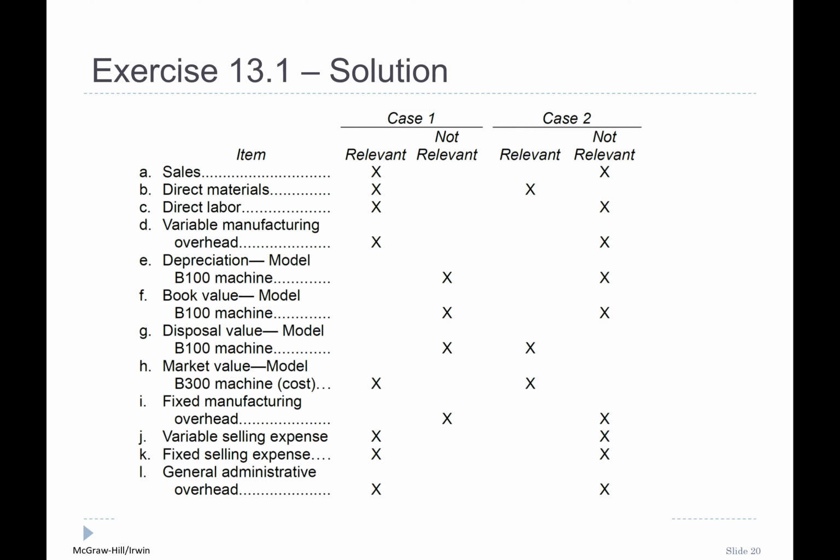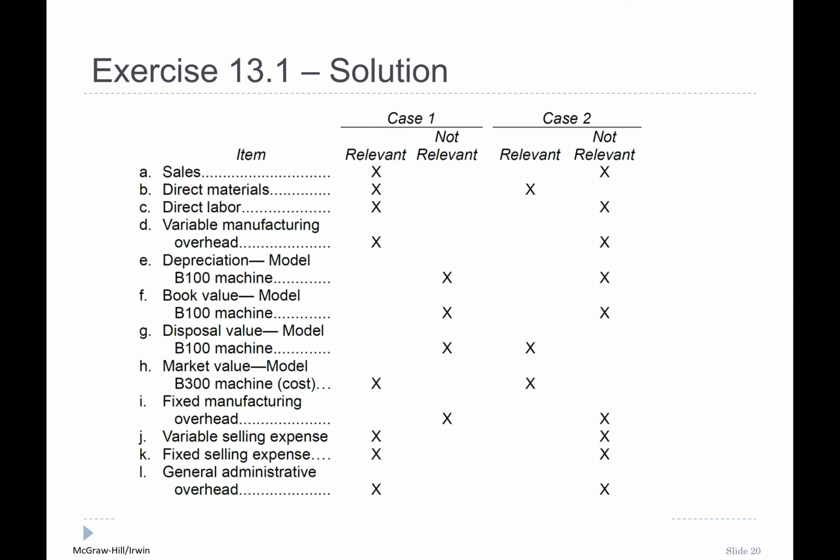Whether it is depreciation of B300, depreciation is a non-cash expense, and it is tied to the useful life. Time goes, value decreases. It has nothing to do with production or with cash flows. So that's why it is sunk, or not relevant.